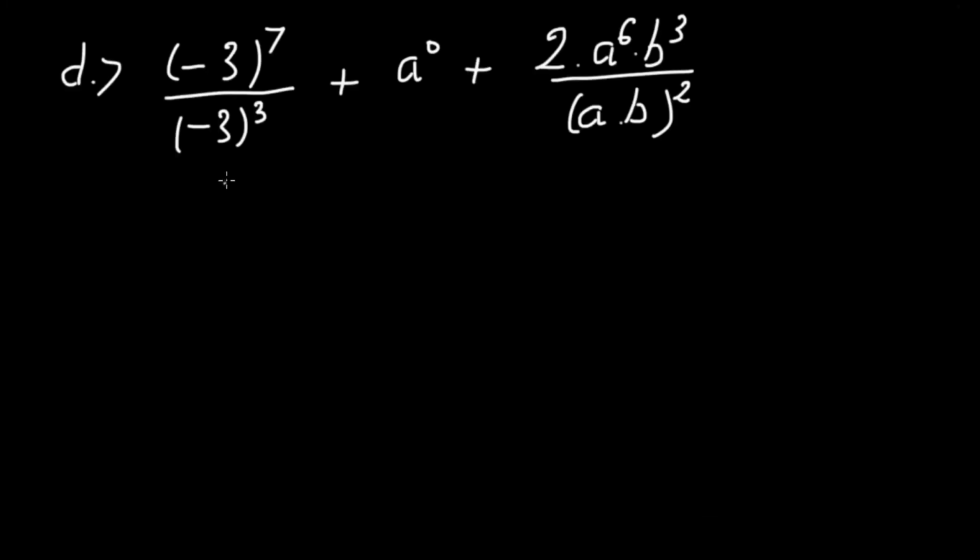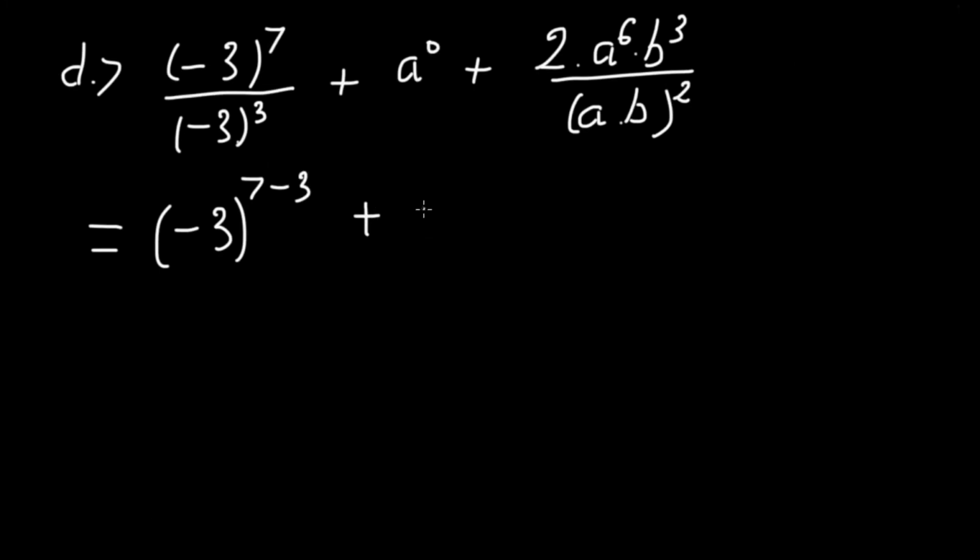Let's see this example. Negative 3 raised to the 7 divided by negative 3 to the third plus a raised to 0 plus 2 times a raised to the 6th times b to the third, all divided by a times b, all of it squared. The first step we need to do is we simplify this first term. We can see this exponent has the common base, so we can put the base here, negative 3, and we subtract the exponents, 7 minus 3 here.